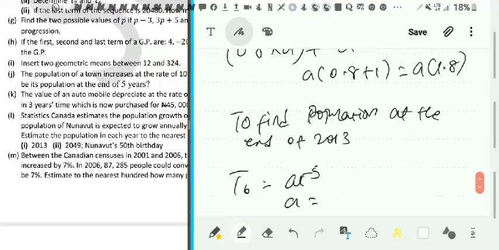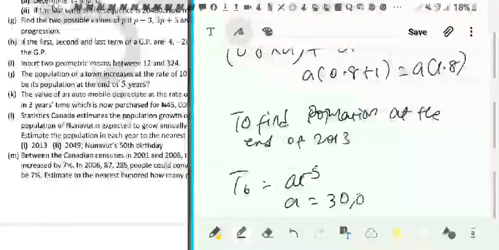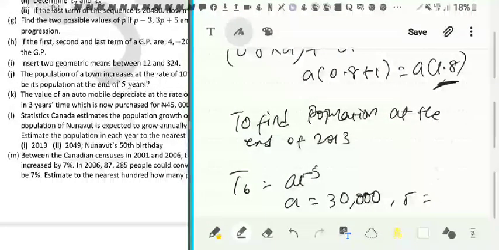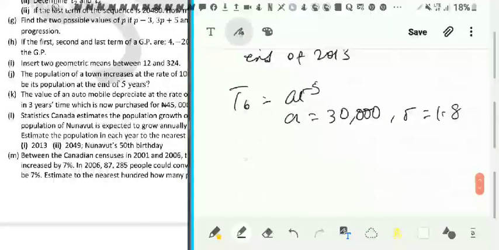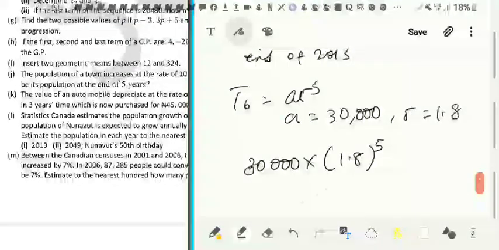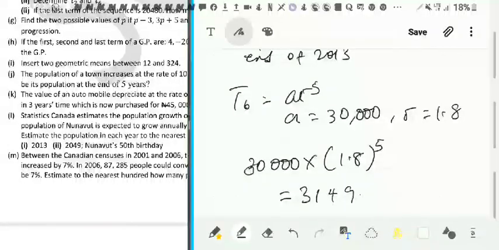A is 30,000, and R is 1.8 from previous knowledge. So we have 30,000 times 1.8 raised to the power of 5, giving us 314,928.